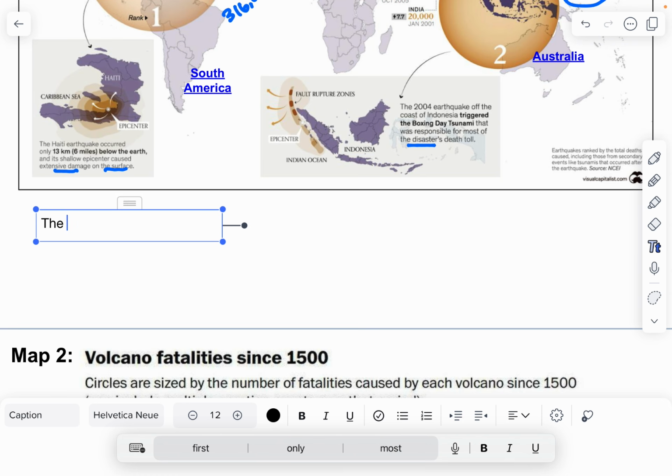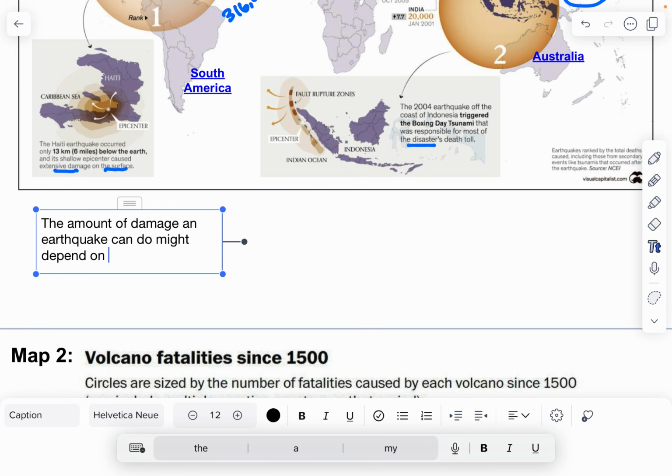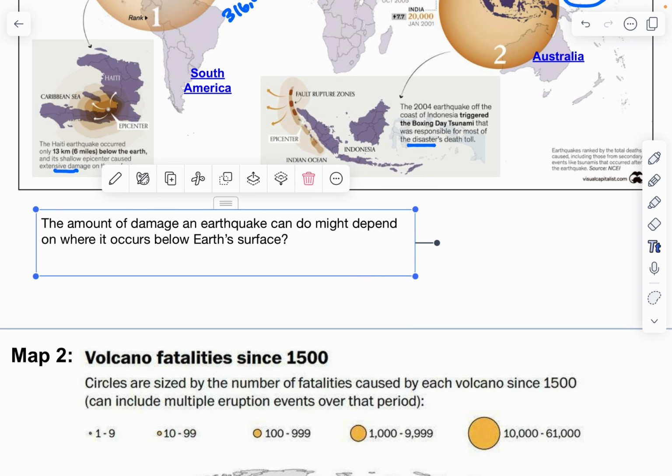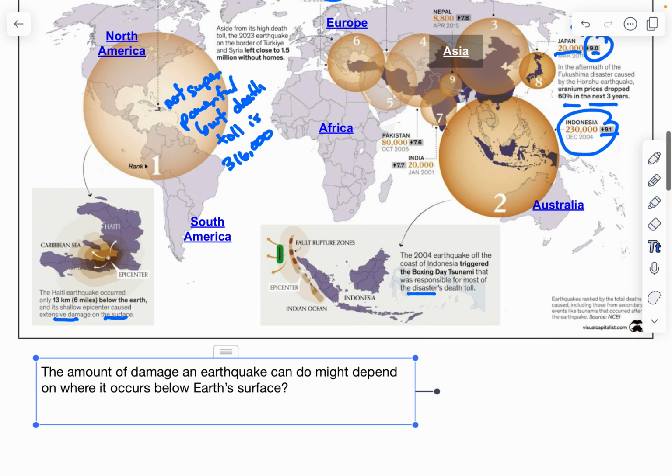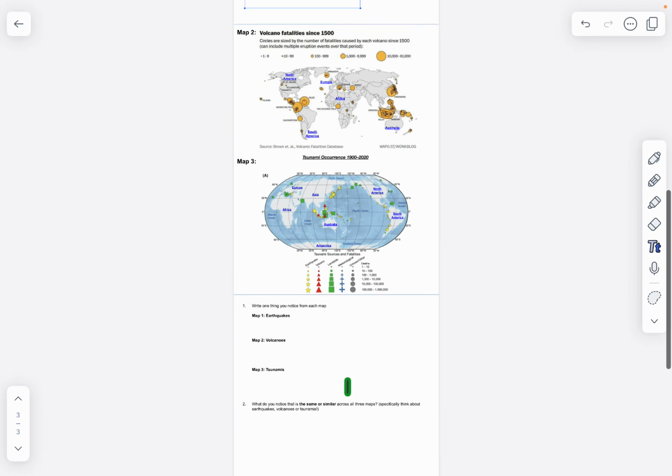It looks like the amount of damage an earthquake might depend on where it occurs below Earth's surface. What I mean by that is maybe if it's really shallow, then it can't hurt as many people. All right, so that's the idea here.